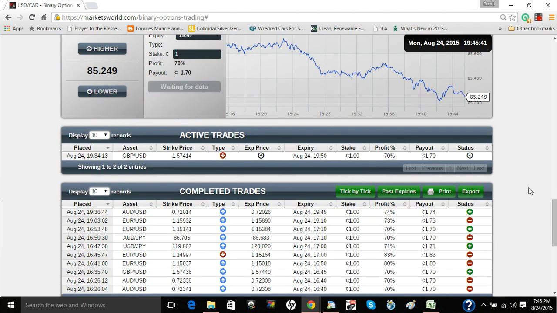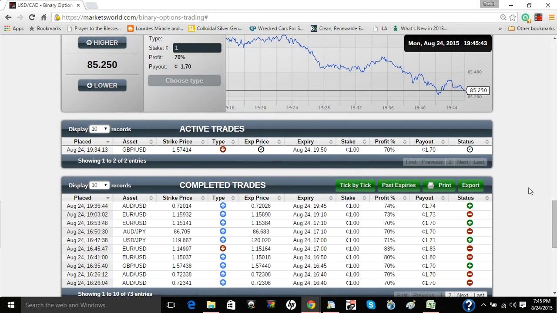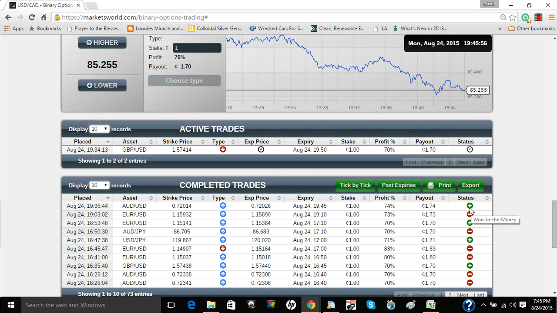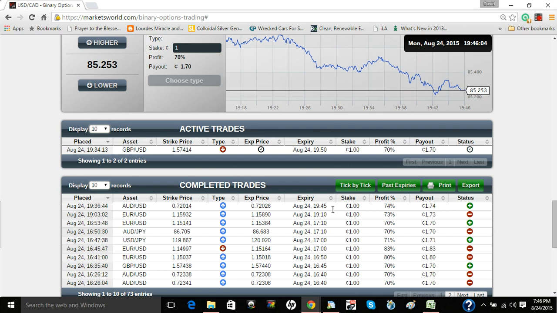Okay, the AUD USD, where I placed a trade in the upwards direction, expired at 19:45. It won. The green right here means a win, in the money. With a 74% payout, I won $1.74. I risked $1.